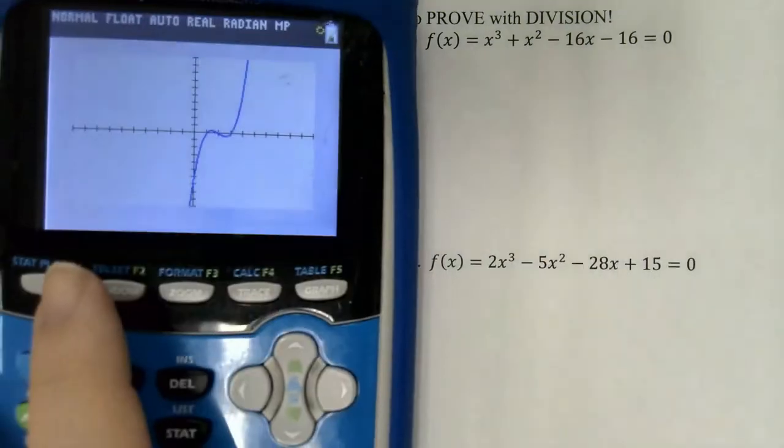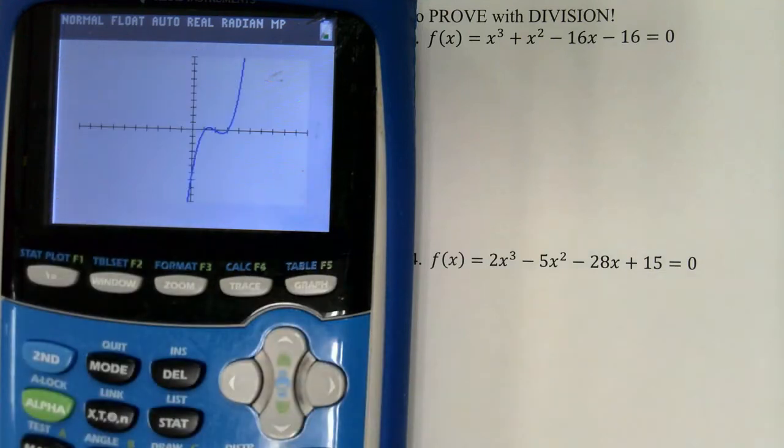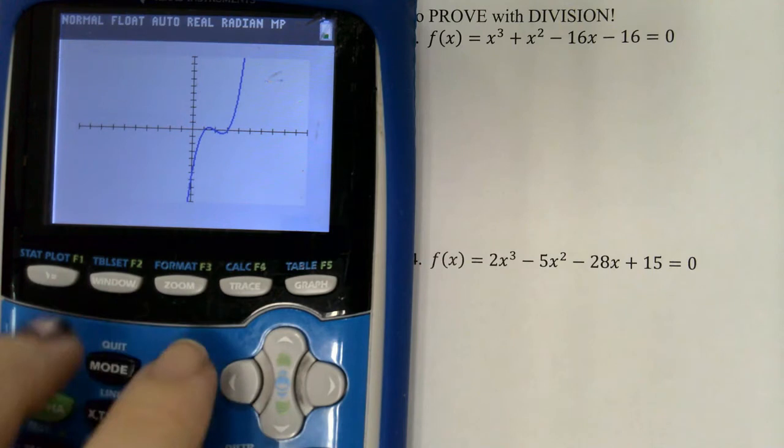So here's my graph. There's what I typed into my y equals. And when I look at this graph, I can see that there are 3 zeros here. That means that I need to find those zeros.